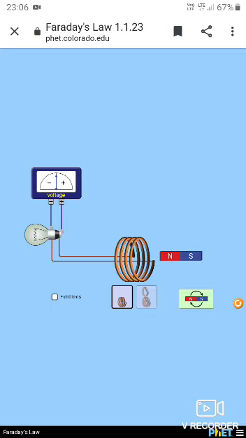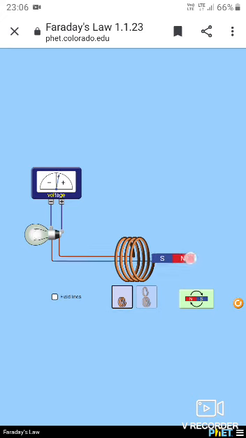Now, at last, observing all these factors, first we saw how the change in the magnetic field around a current carrying conductor changes the deflections in the galvanometer as well as the bulb. That means the induced current is produced in the circuit. And we saw when we change the poles of the magnet, from south to north pole, the deflections in the galvanometer are reversed.